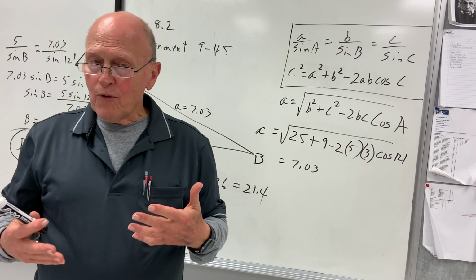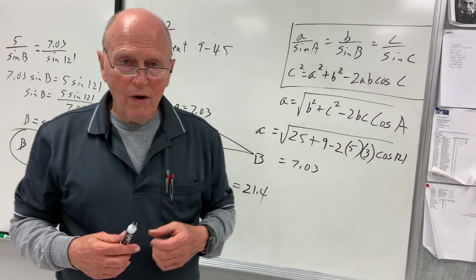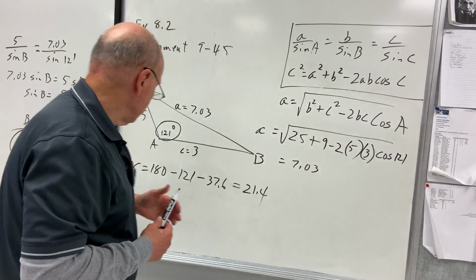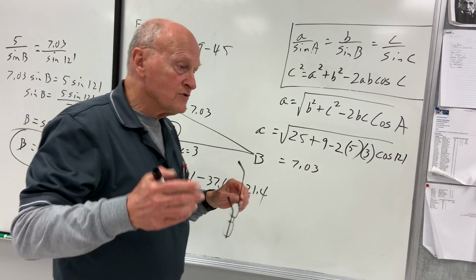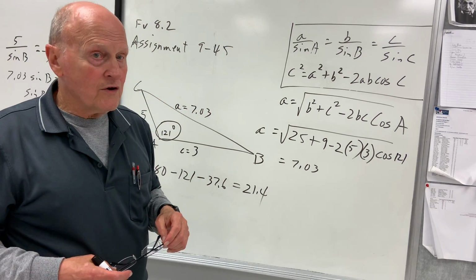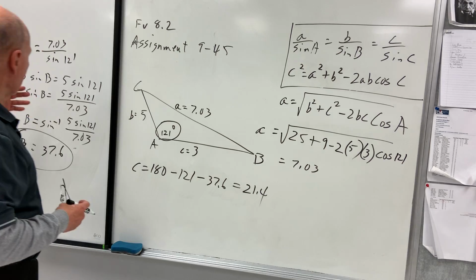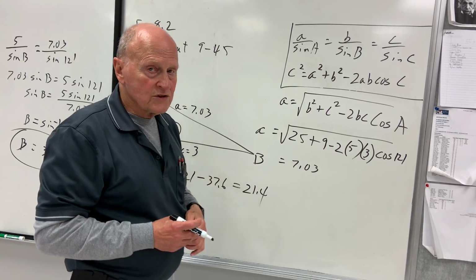In both types of problems, after we've found that first unknown, we're going to use law of sines to finish the problem. Why do we use law of sines instead of law of cosines? Sometimes we could use law of cosines again, but we're not going to because it's a little shorter and a little easier if we go to law of sines after we've used law of cosines.